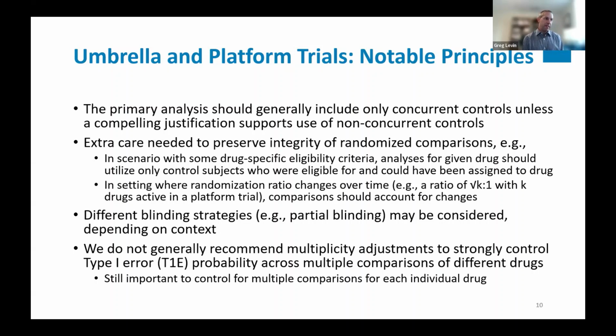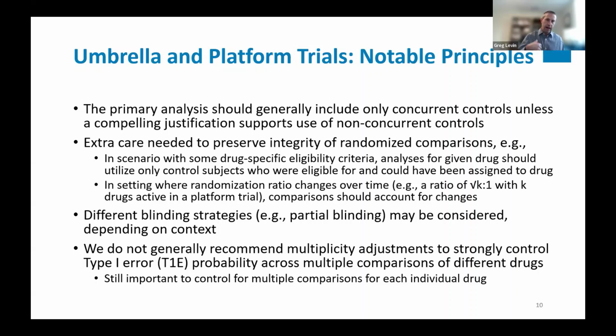The guidance also emphasizes the extra care that's needed in the context of master protocols to preserve the integrity of randomized comparisons. So just as a couple examples, oftentimes there can be different drug-specific eligibility criteria.